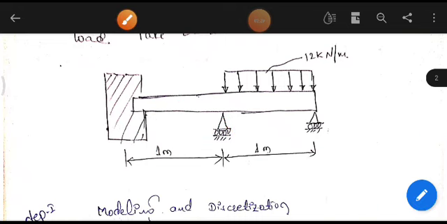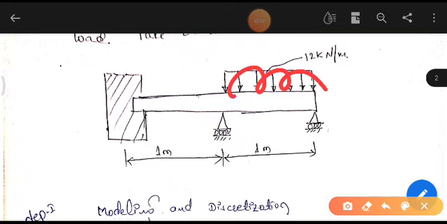In the previous video we have seen the steps involved in solving beam problems. The first step is modeling and discretizing the given cantilever beam. Since we have UDL over a span of 1 meter, we need to create a node over here.